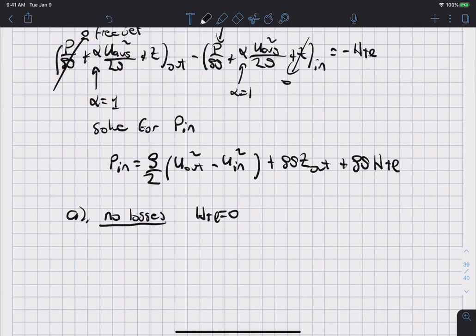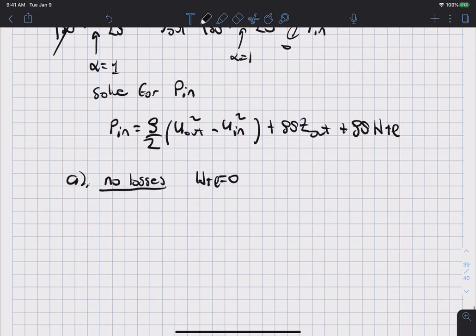So for no losses, the head loss is equal to 0, and we can just stick in the numbers that we computed above.